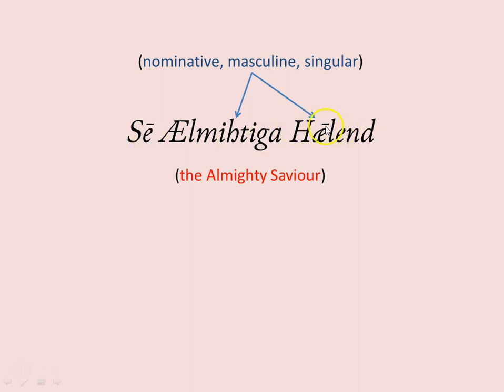So there's the noun, Hælend, the Saviour, ælmihtige, Almighty, and then the. All three are in the nominative case, masculine gender, singular number. Alright, and that's the end of that.